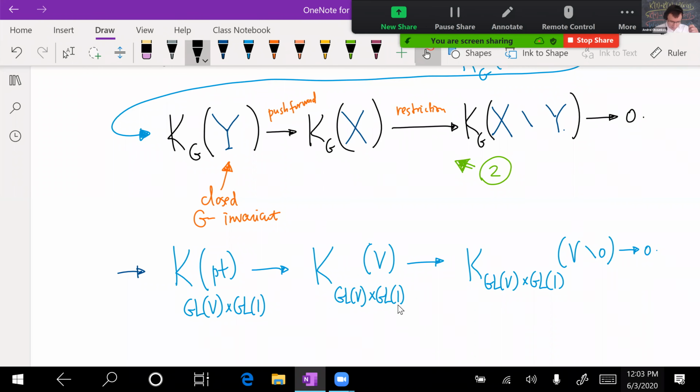And then a second, that free sheaf with a group action only remembers what it does at the origin.